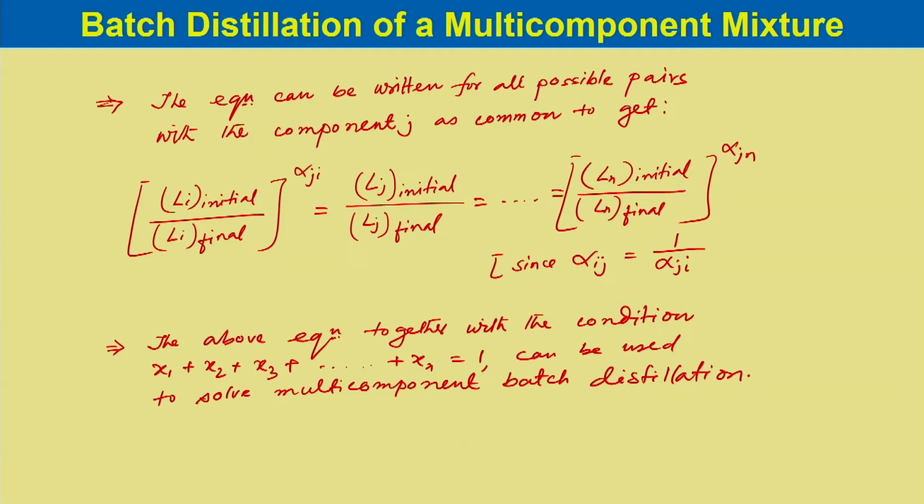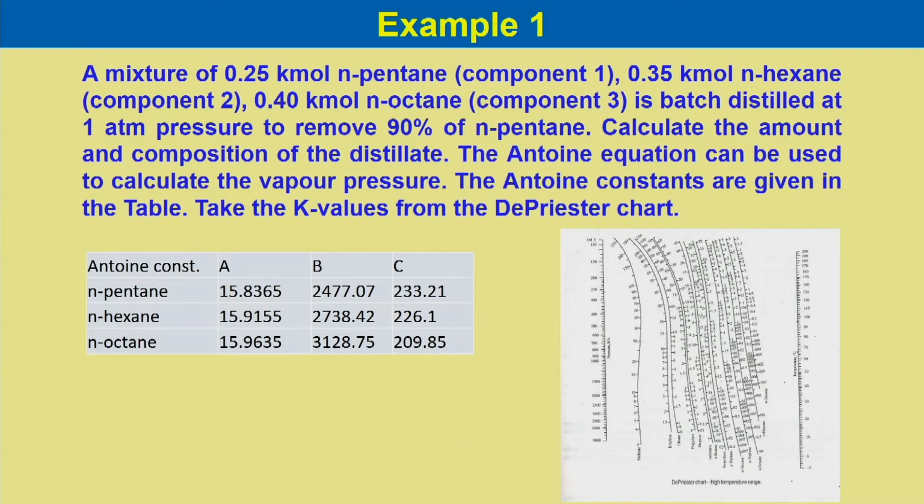Let us look into an example and how we can implement this equation. A mixture of 0.25 kilomole n-pentane, which is component 1, 0.35 kilomole n-hexane, which is component 2, and 0.40 kilomole n-octane, which is component 3, is batch distilled at 1 atmosphere pressure to remove 90% of n-pentane.